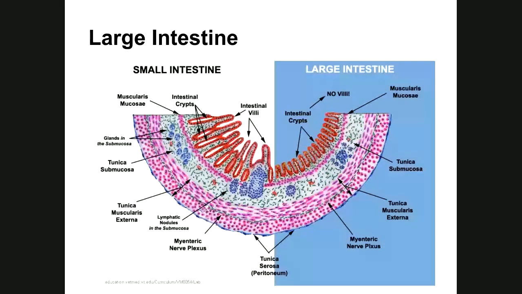You see those villi more in the small intestine, right? In the large intestine, you don't see those villi. That's the difference between the small intestine and the large intestine.